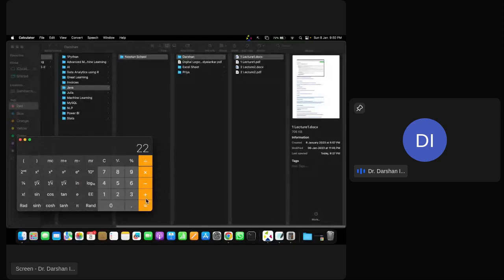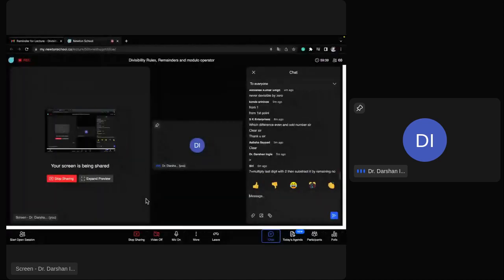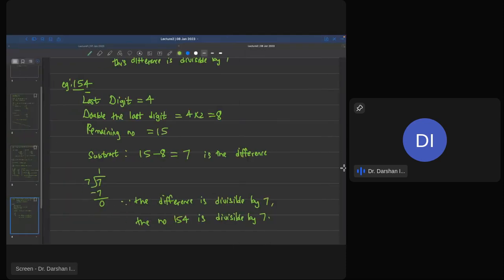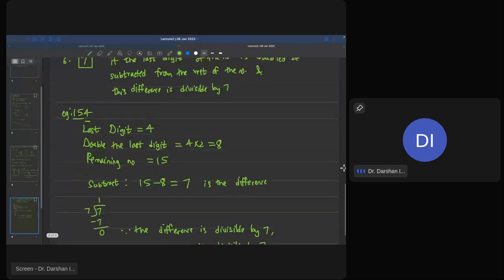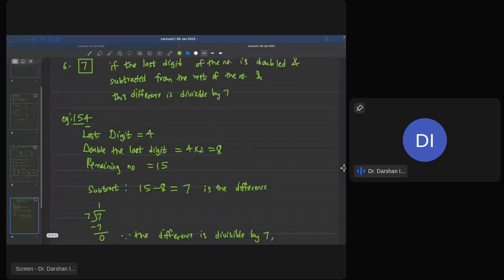Let me show you again. 154 divided by 7 is 22. It works. Now go through this example once and confirm whether it is clear. I will ask you at that time; you confirm only then, not before that.